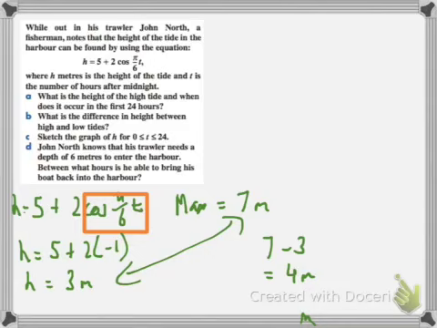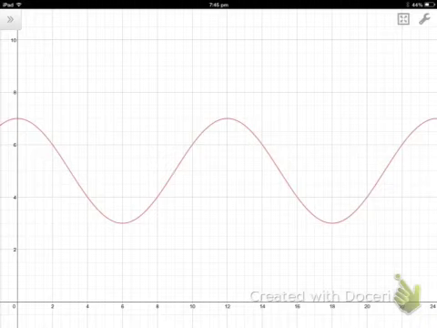Question C now asks us to sketch a graph for this equation, t equals 0 to 24. I've created a graph here using the Desmos program, but you could also put this graph into your calculator. Set your axes, very important, from 0 over there through to 24 over there.